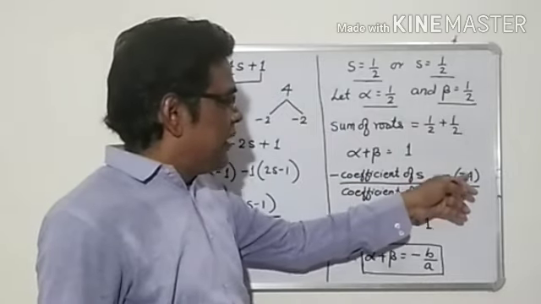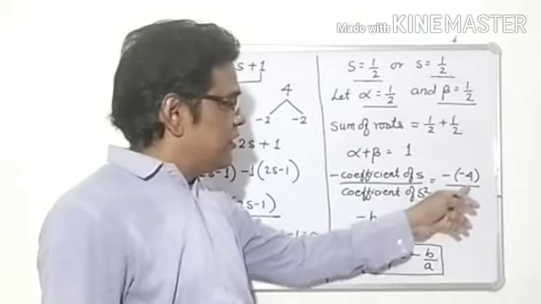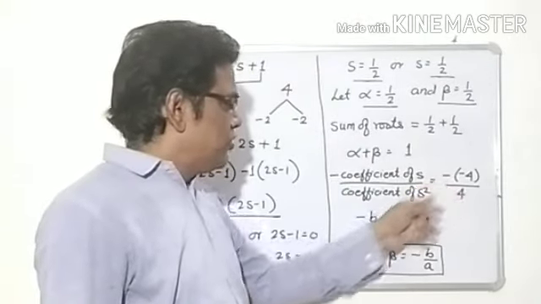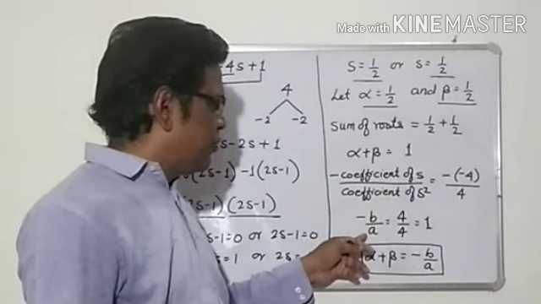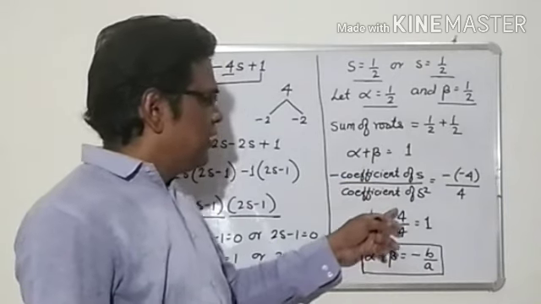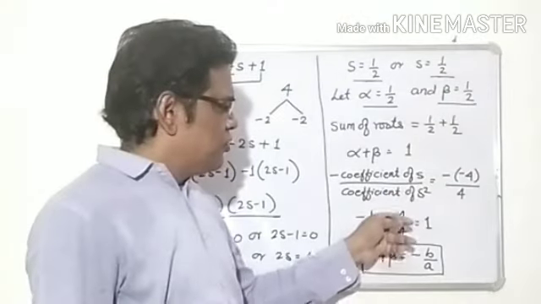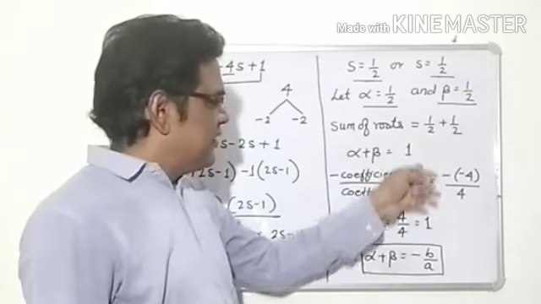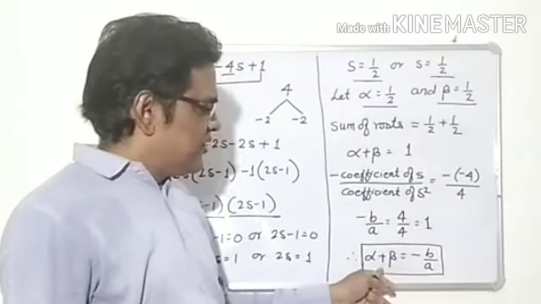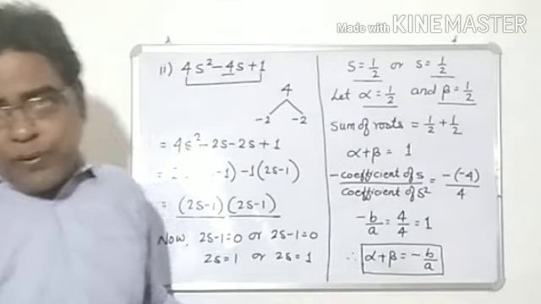So minus of minus 4, because already we have minus in the formula, upon 4. Coefficient of s is b. So minus b upon coefficient of s square, that is a, will be 4 upon 4. Minus into minus is plus. So 4 upon 4 gets cancelled, you get 1. So here this and this are same. So you will say alpha plus beta equals minus b by a. So this is one part verified.